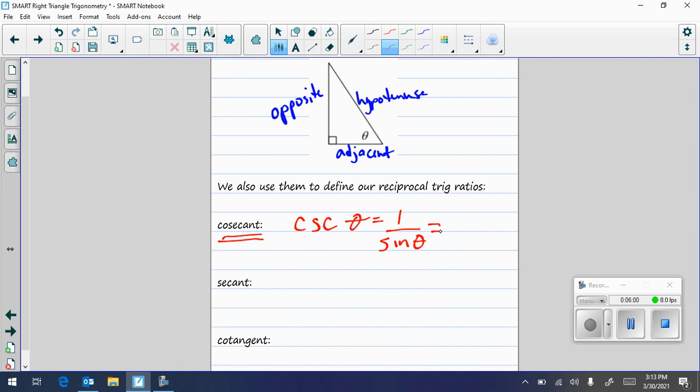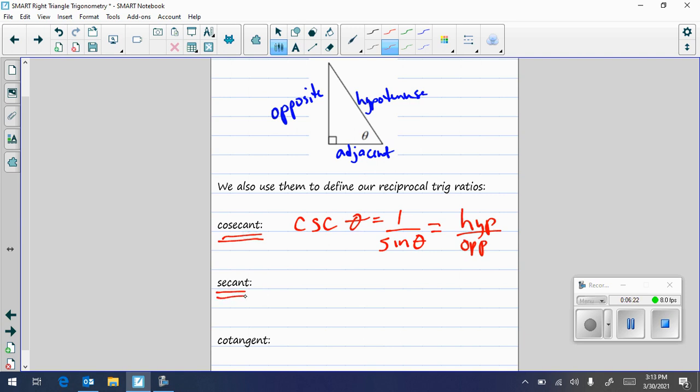Now, there is another way to define it. If I do 1 over opposite over hypotenuse, this one's going to end up being hypotenuse over opposite. Now, I always thought cosecant should go with cosine, but it doesn't, so be careful with that. Sine and cosecant are reciprocals.